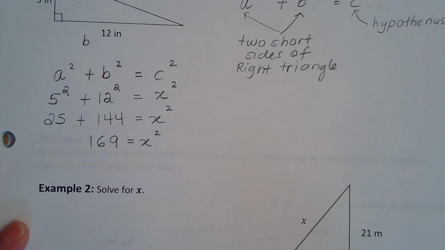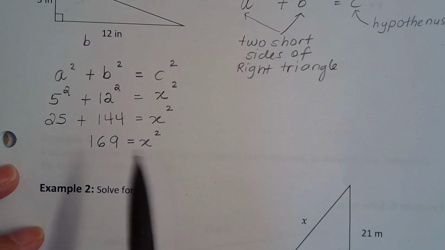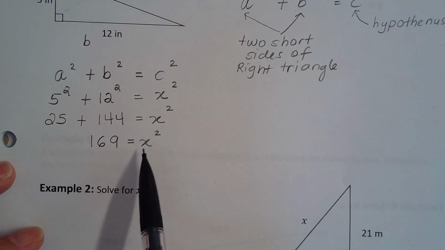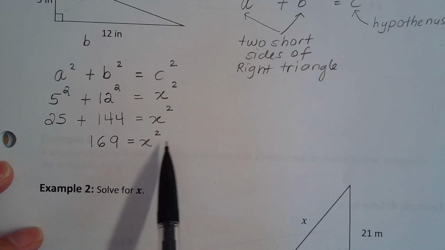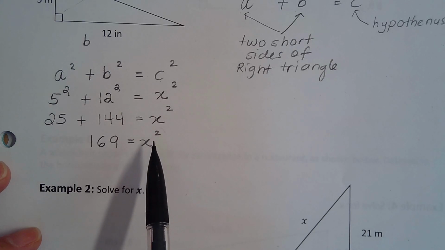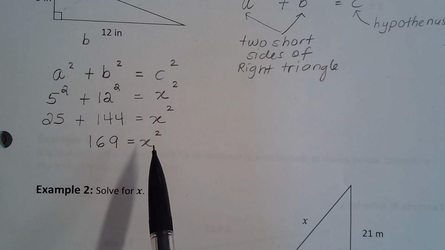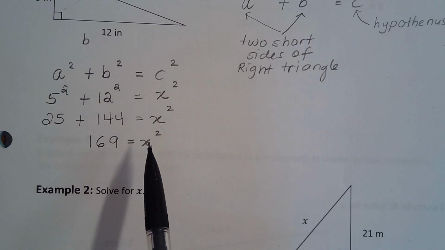We got up to this part here. We are trying to solve for the x. Have the x alone. Well, how can we get the x alone? We have to get rid of the squaring, to isolate it. Yes. So how do we get rid of the squaring? What's the opposite of squaring?